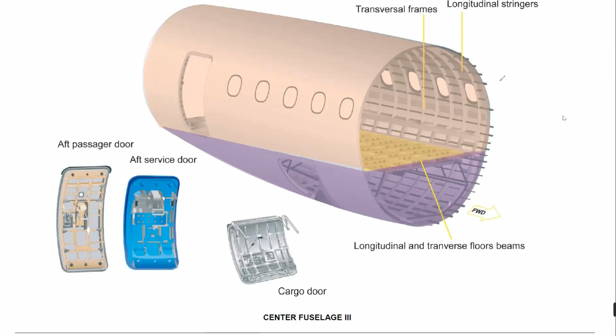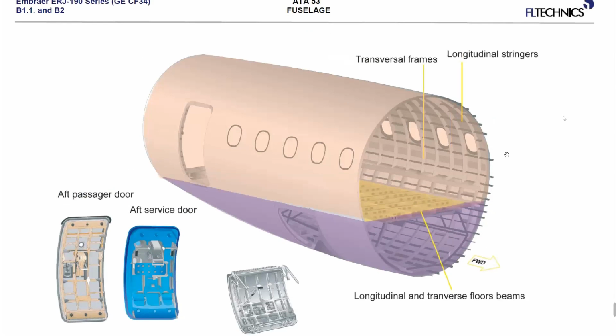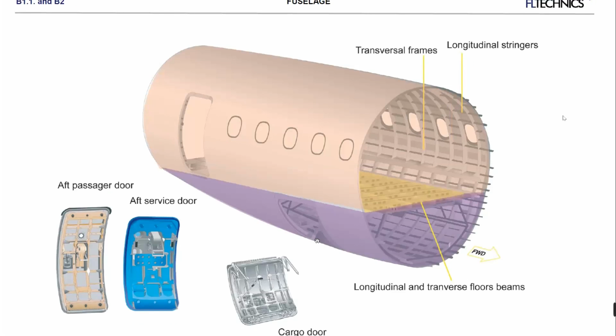Here on this schematic, very similar to the center fuselage 1. Passenger windows, openings, stringers, frames, and floor beams. Standard structure, nothing so special.